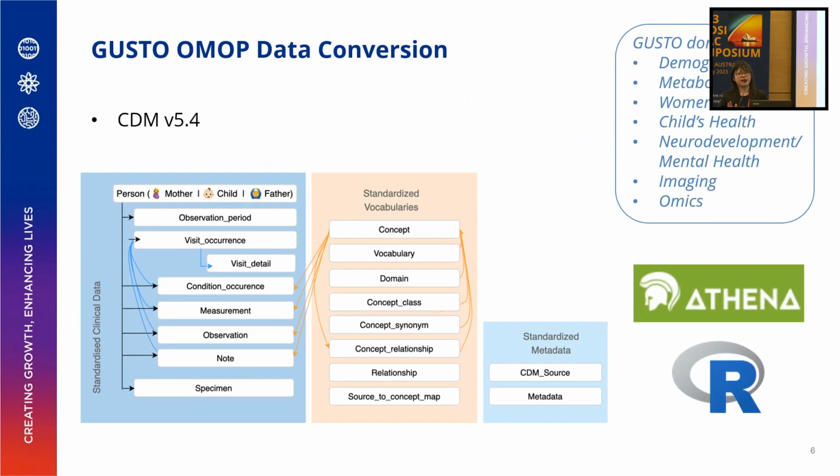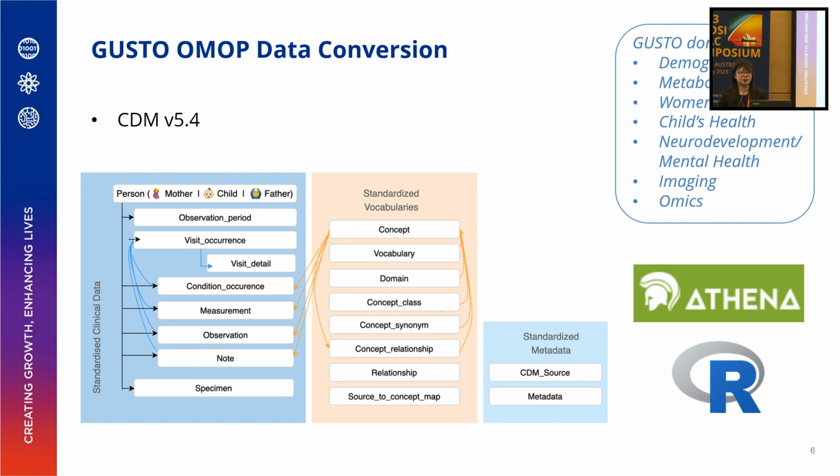Then we currently started on converting the gastro data to the OMOP data format. We are using the CDM version 5.4, and because of the limitations of the gastro data, because we only have demographics, metabolics, women's health, children's health, mental health, and imaging and omics data, the OMOP tables that we have are quite limited.